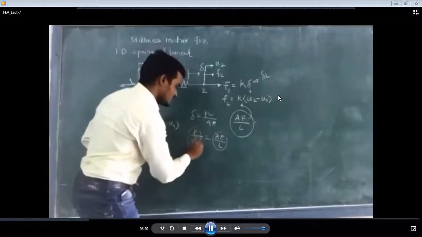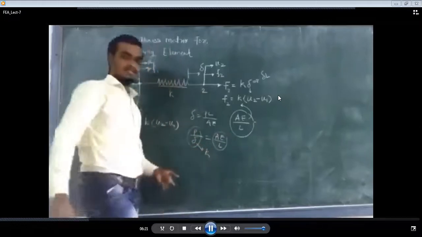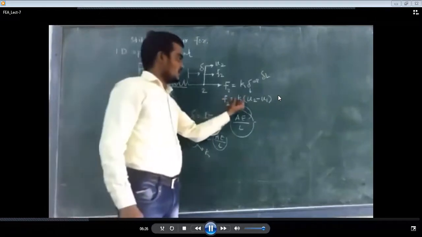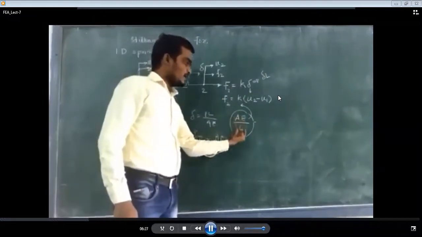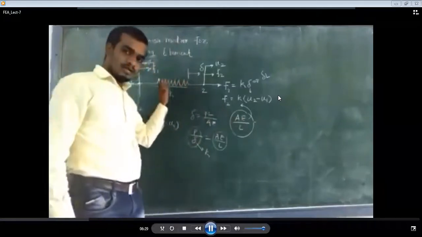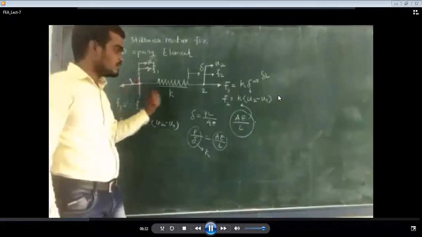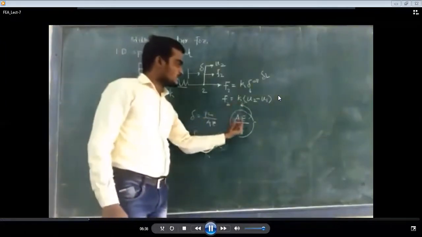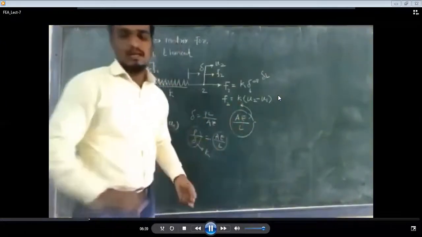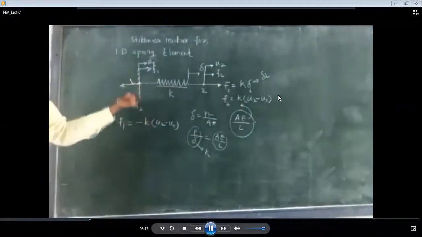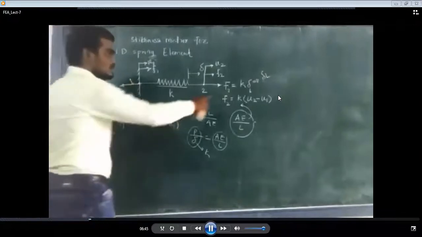So if we derive P by delta, we get AE by L, and P by delta is nothing but your K. K means your spring coefficient or spring constant. You can say it is the stiffness. In a similar way, for the one-dimensional bar element, the term AE by L is nothing but the stiffness, so it is replaced by the stiffness coefficient K in these equations.